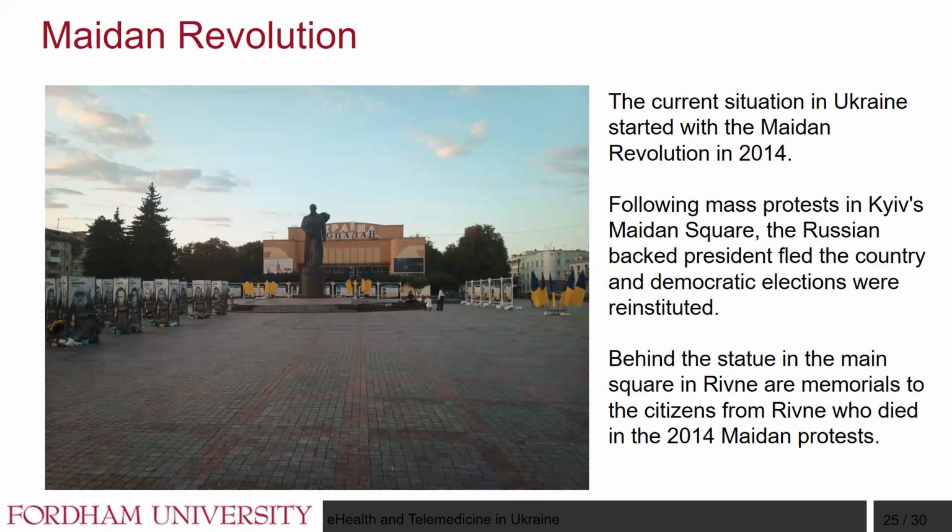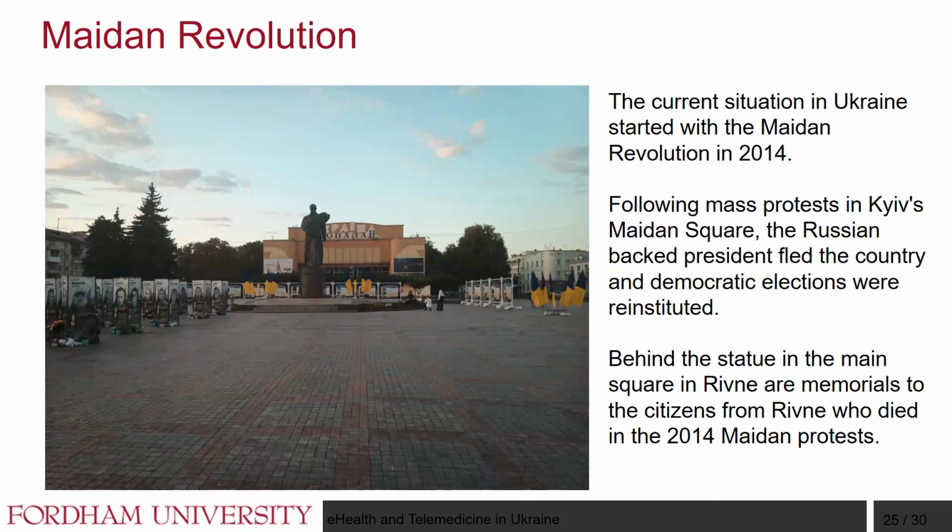In the background are the memorials to people from Rivne who lost their lives in the Maidan Revolution in 2014. There are a dozen or so of those, and they've been there for almost 10 years now. If you visit Maidan Square in the centre, up the hill from the square up to the government areas, they have pictures of everyone who died in the revolution.